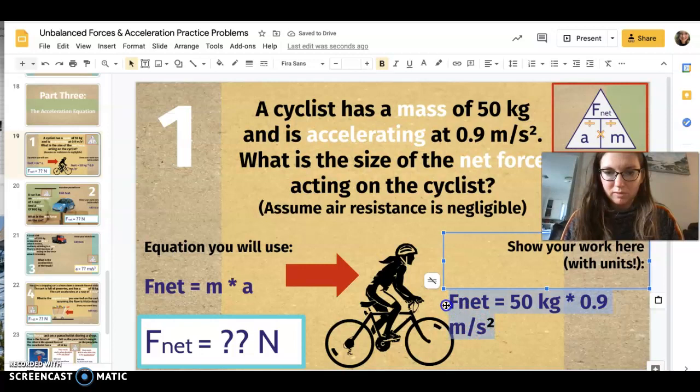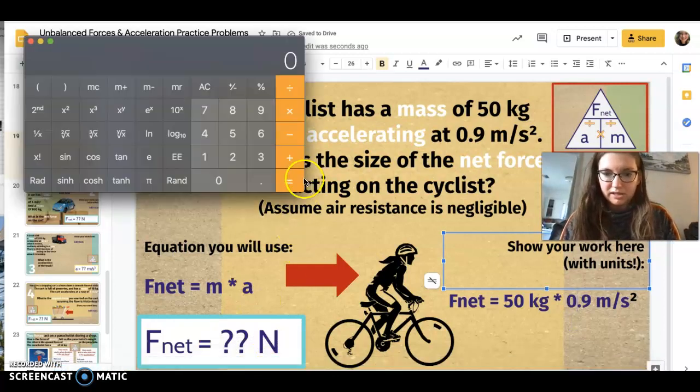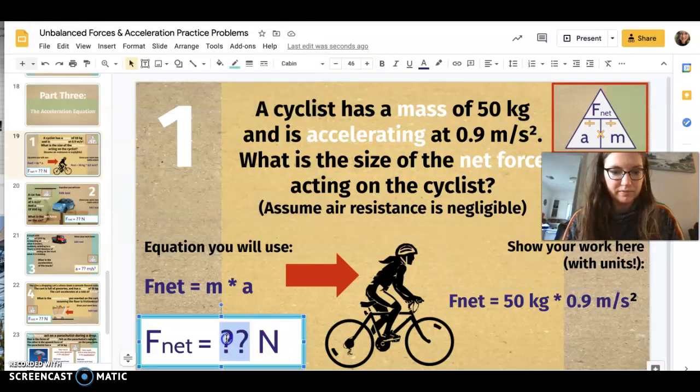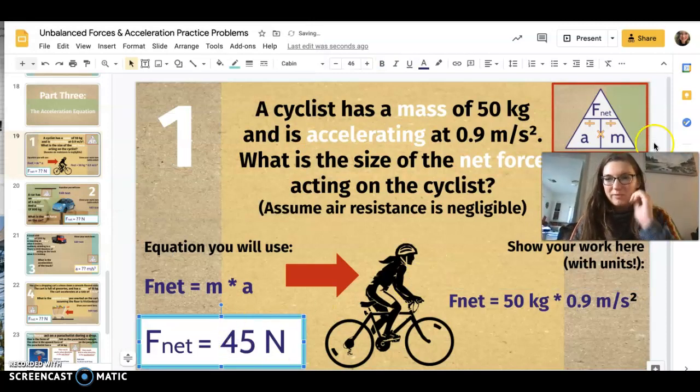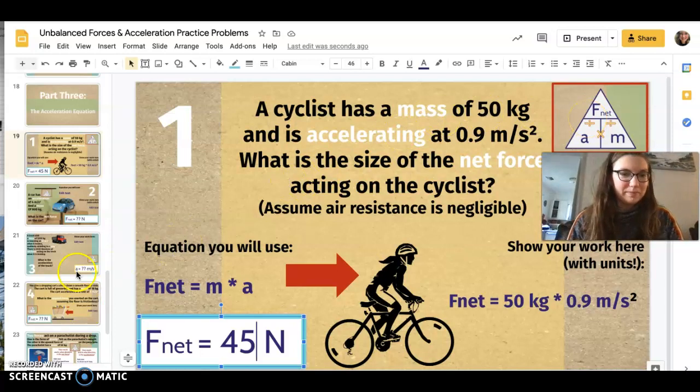Okay, so all I need to do there is 50 times 0.9. So 45 newtons. See how I did that? So I'm using this triangle to just move that equation around the way I need it.